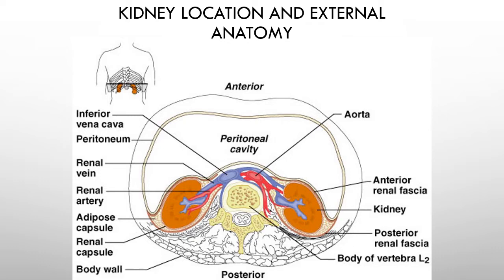place and allow for it to essentially be stuck against, what color do I have here? Stuck down against the wall itself. And so there's an anterior portion and a posterior portion to that renal fascia. We have all of the adipose surrounding the kidney there as well.